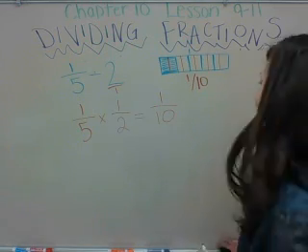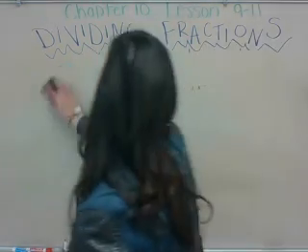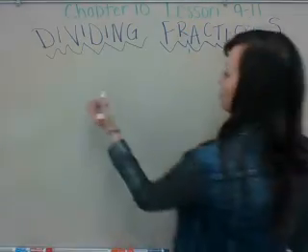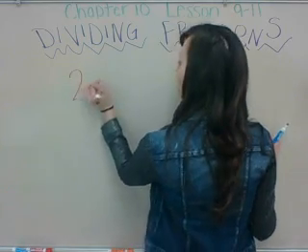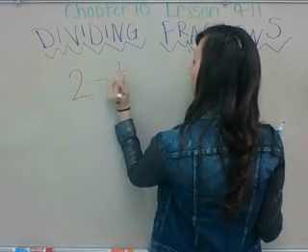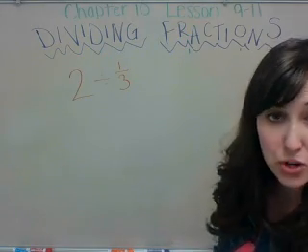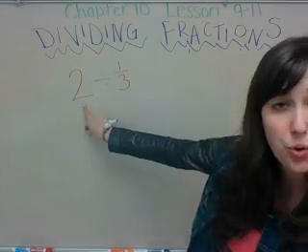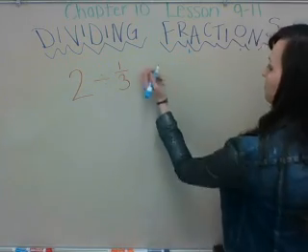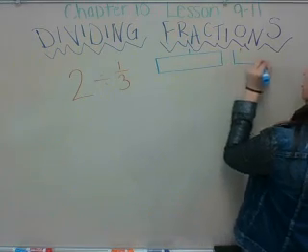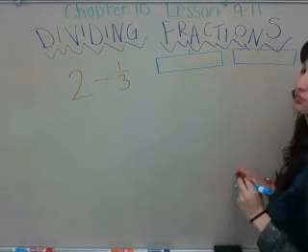One more problem. Last one, 2 divided by 1/3. We're back up to our whole number divided by our fraction. So because we start with the 2 wholes, we're going to start with 2 wholes. 1, 2.